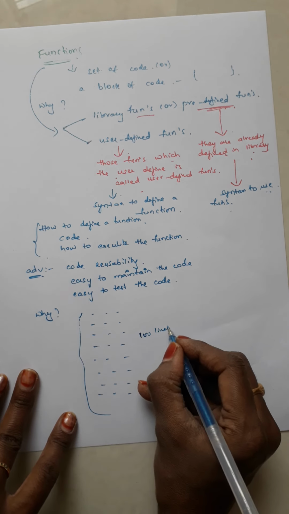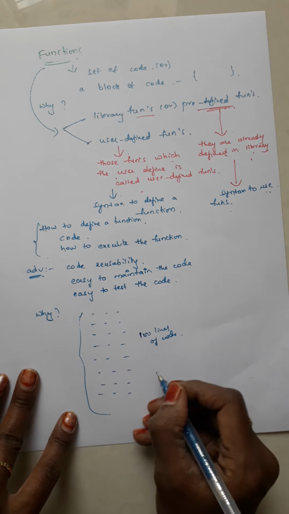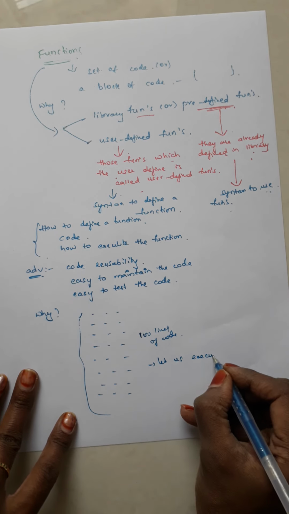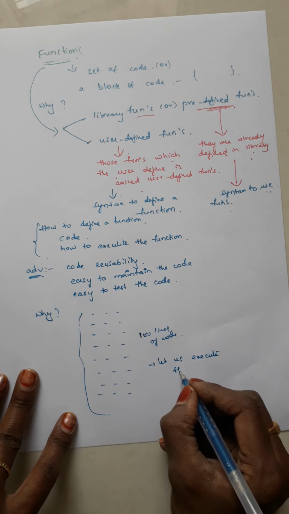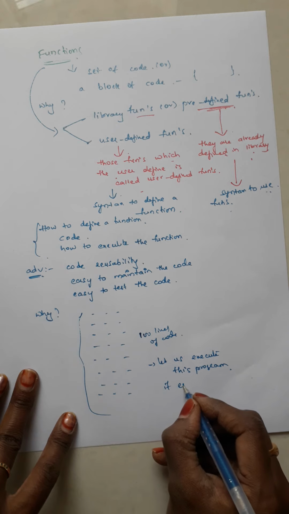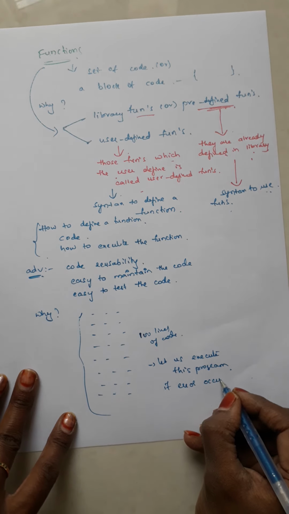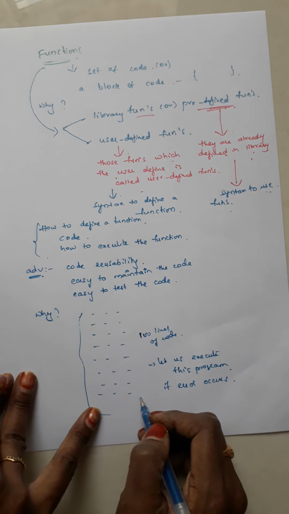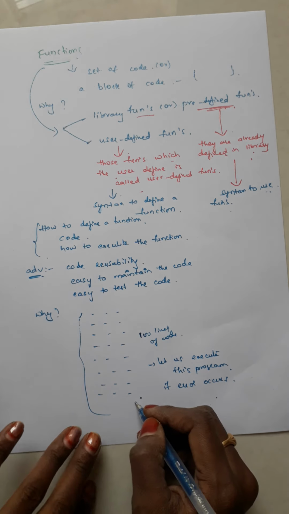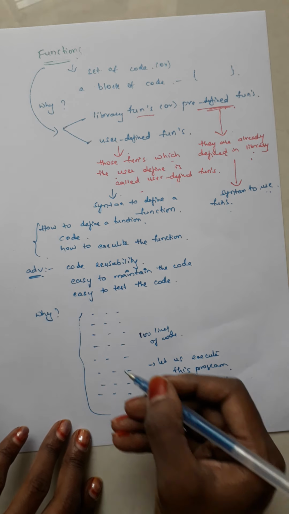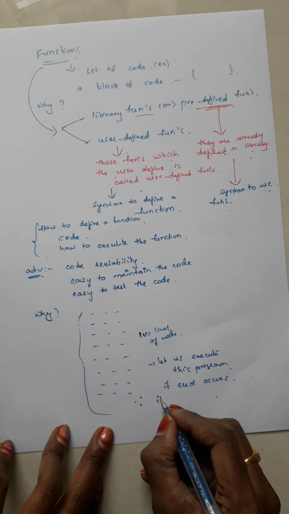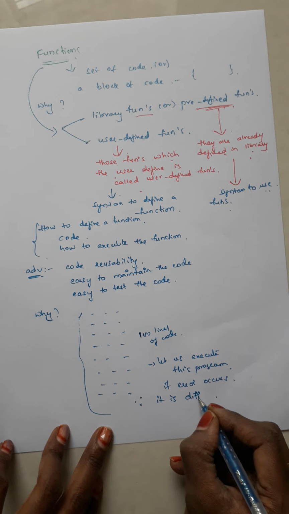If we execute this program and an error occurs, can we find where the error is? No, we cannot find where the error is. It is difficult to find the error.